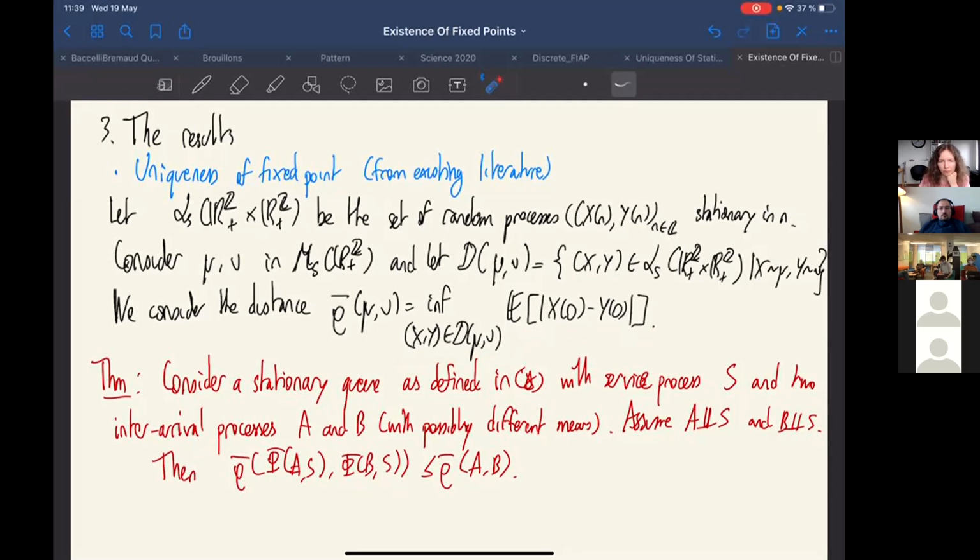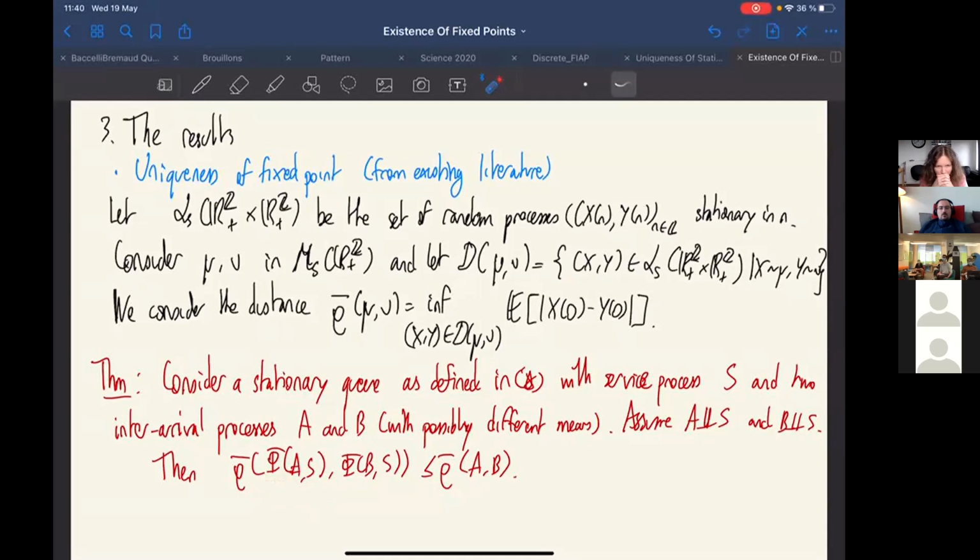It's not completely trivial. The idea is that if you take a stationary Q, as defined previously, and two interarrival processes A and B independent from the service processes, then the mapping phi between these input processes and the associated interdeparture process is contracting for this distance.